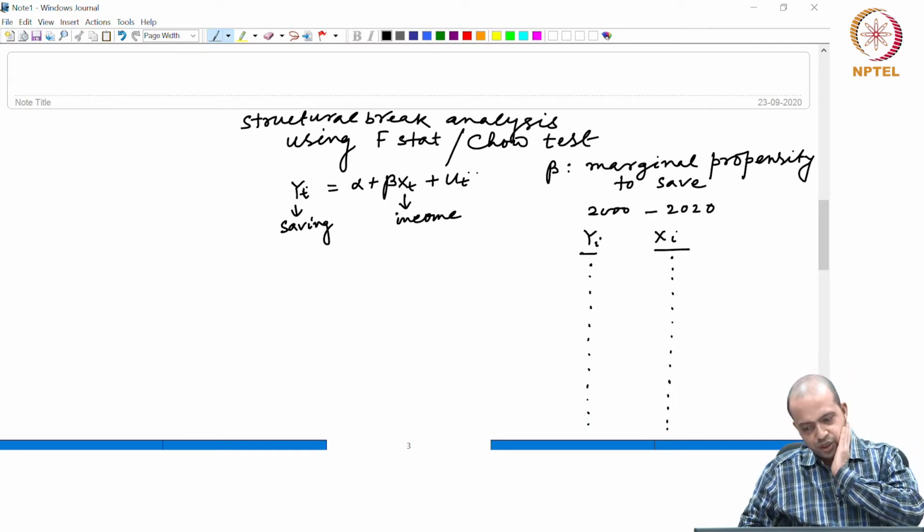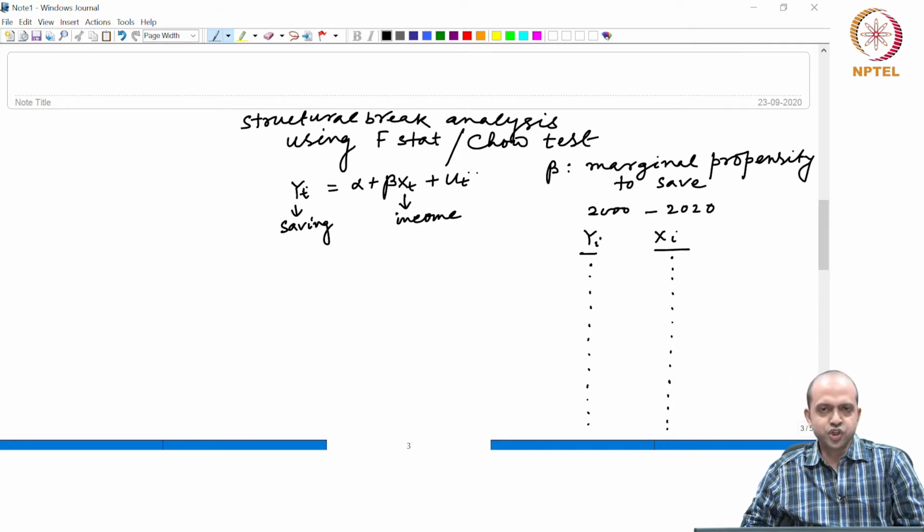Now, when I am using this equation, I am implicitly assuming something. When you have 2000 to 2020 data, if you recall, let us say this is 2008.